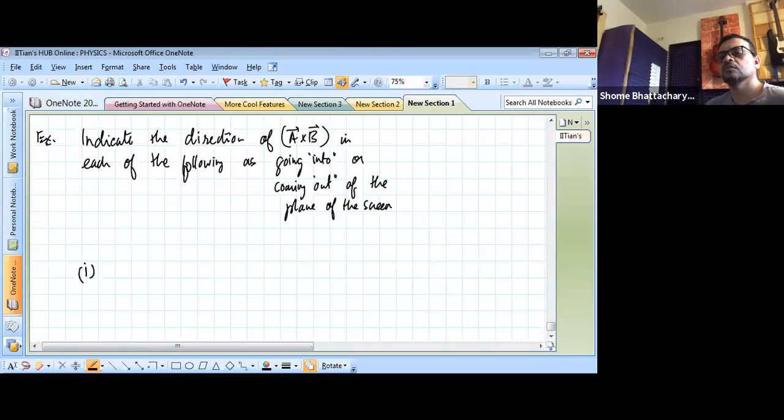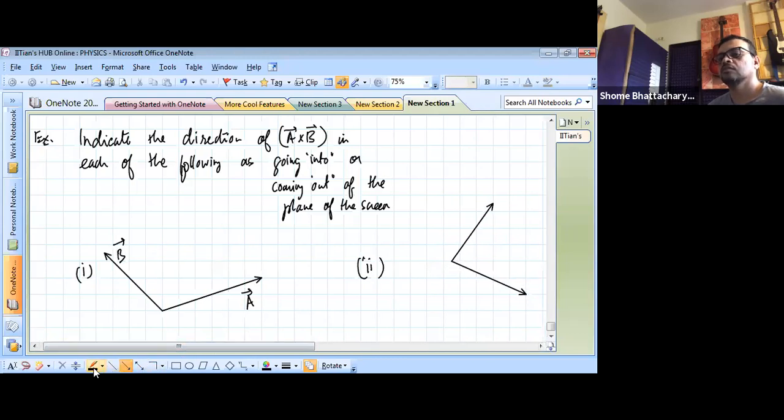So part 1, let us say vector A is like this and vector B is like this. So you have to now apply the right hand palm rule and tell me which of the cases it is, coming out or going in. Second one, vector A is like this. Vector B is like this.